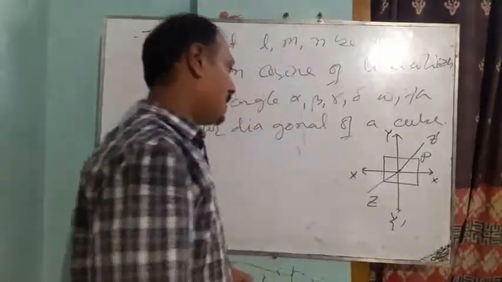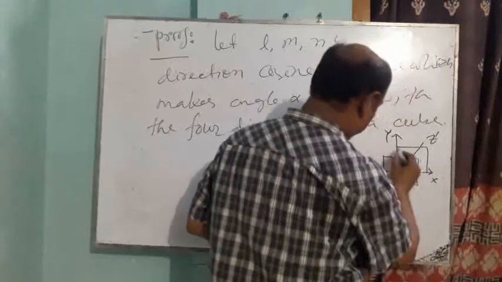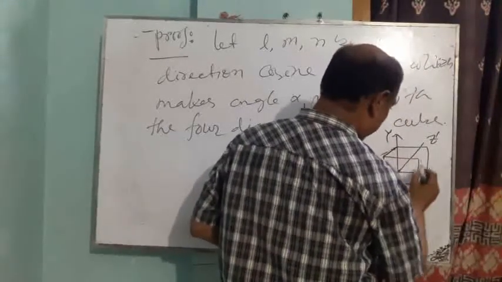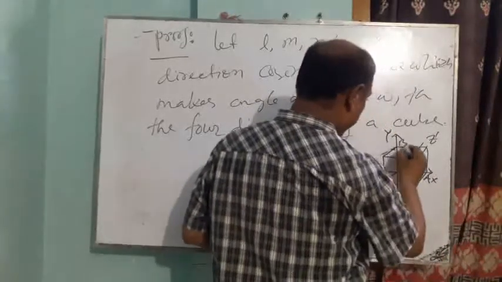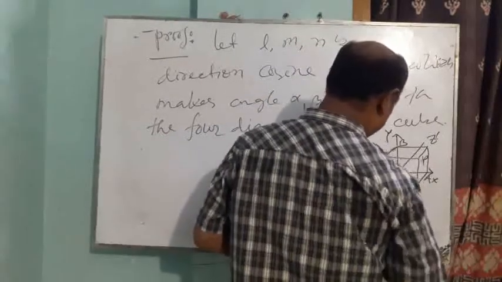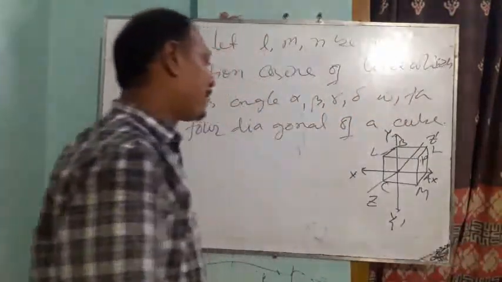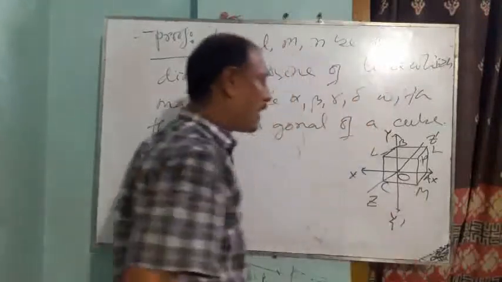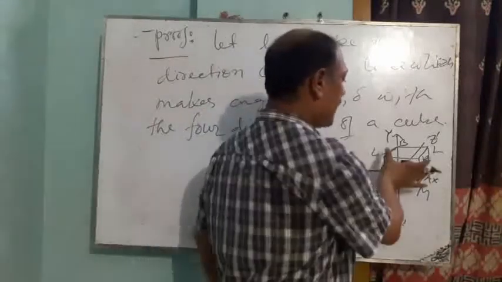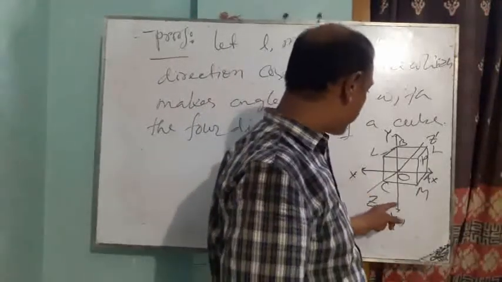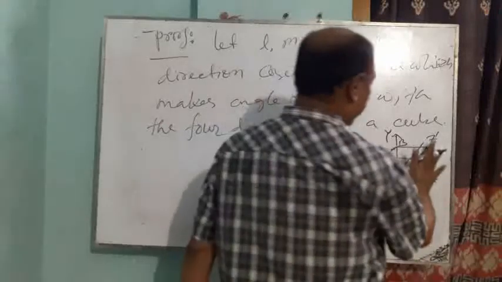P. C A B, P L M N. Here the fourth diagonals are OP, AL, BM and CN.